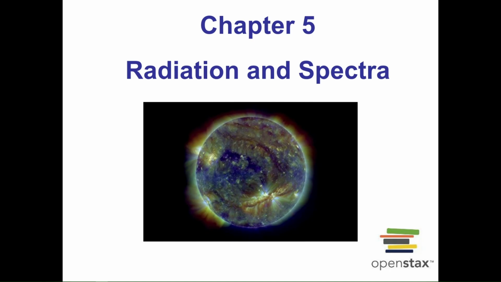Therefore, it is very important to analyze the light emitted by the star. So in this chapter, we will talk about how we can get all kinds of information or properties of the stars by looking at the light emitted by the stars.